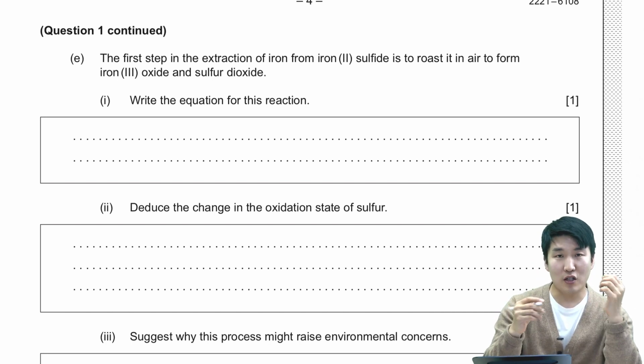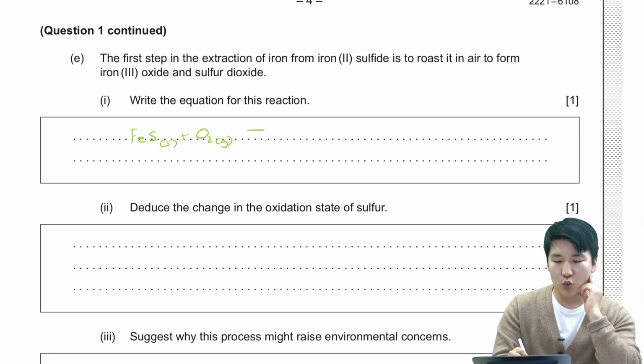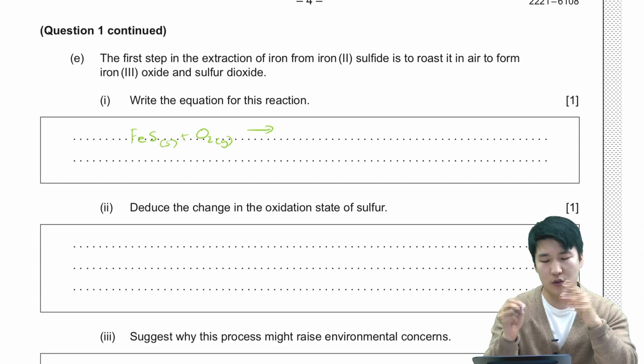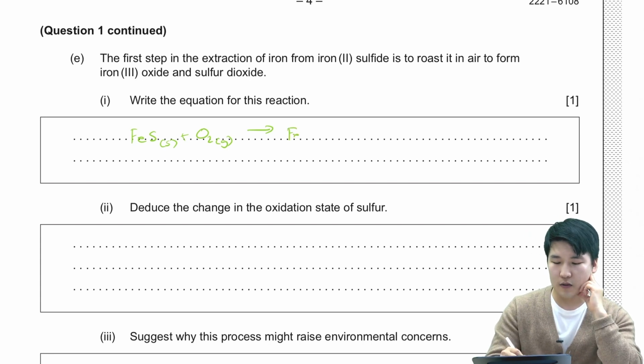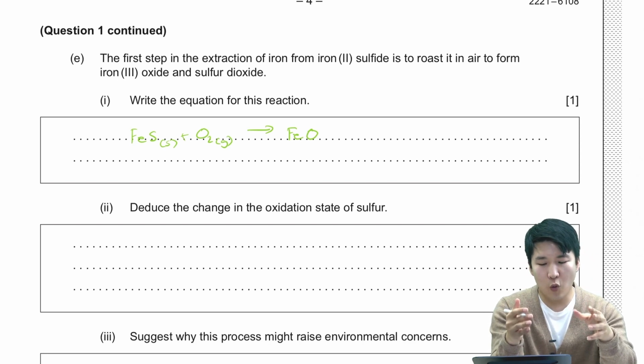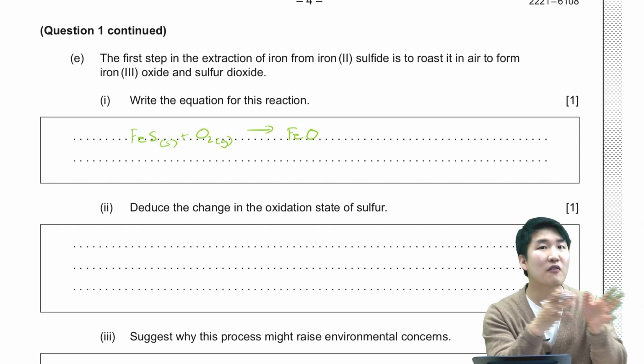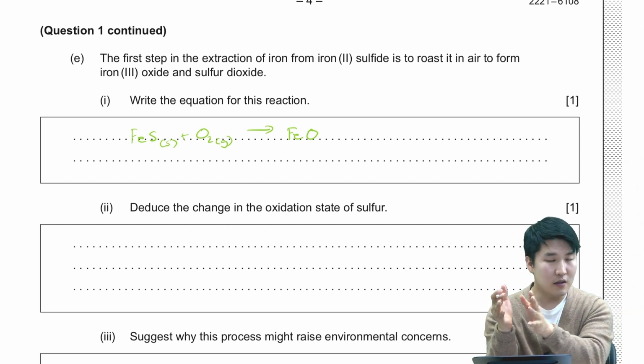Let's write the reactant as iron sulfide, FeS, which is solid, reacting with gaseous oxygen, which will produce iron oxide. But look at the Roman numeral 3 in the IUPAC nomenclature for iron oxide, where iron, a transition metal, can have variable oxidation states.